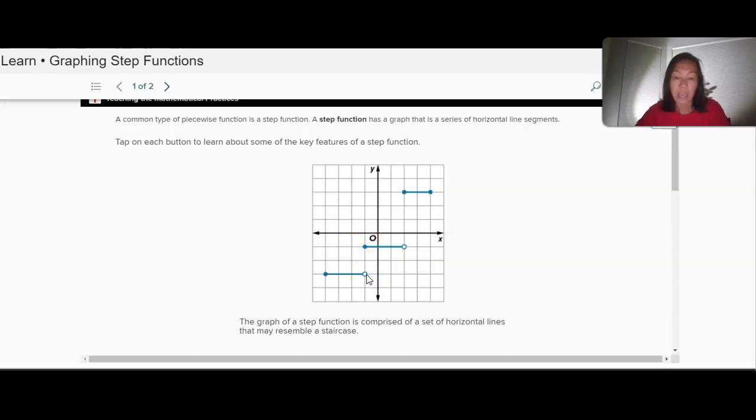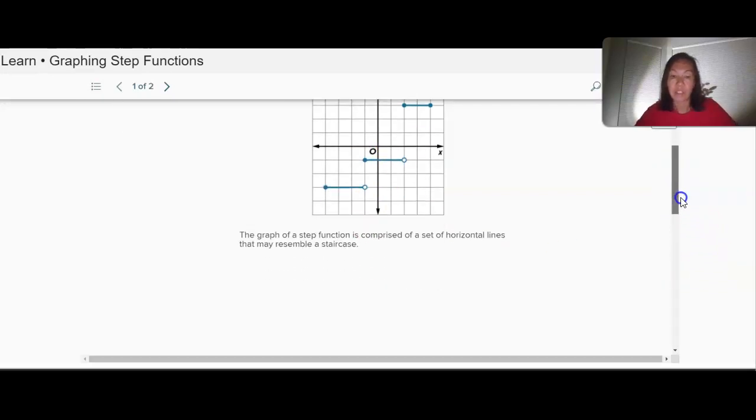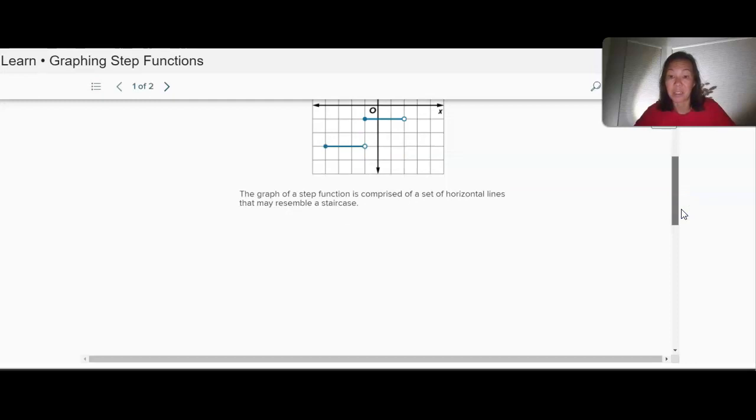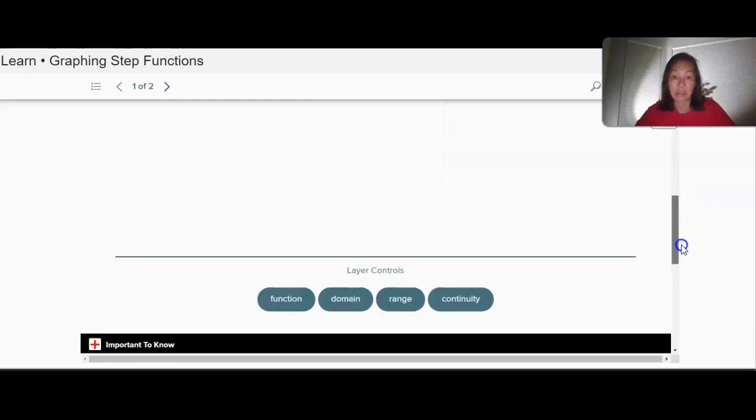And again, we only have one closed circle on the same vertical line, because otherwise it wouldn't be a function. So this one's open, this one's closed, this one's open, this one's closed. We wouldn't have them both closed. And again, a step function is called that because it looks like a series of steps.